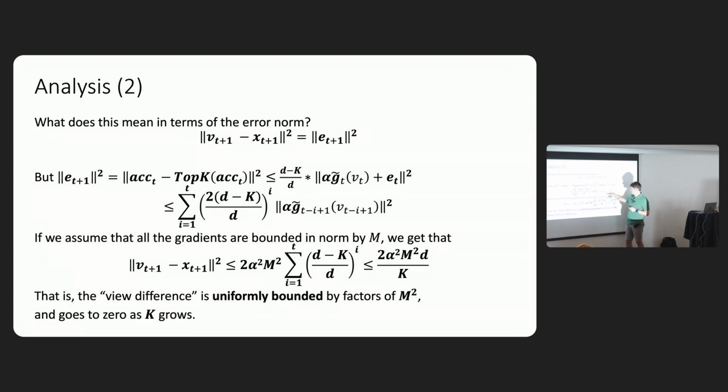So up to this error, I need to fix this. I'll fix this slide and upload a corrected version. However, hopefully you agree that up to constants, what we get is something like vt minus xt is upper bounded by alpha squared m squared d over k.